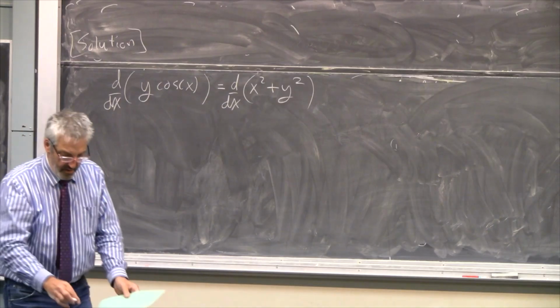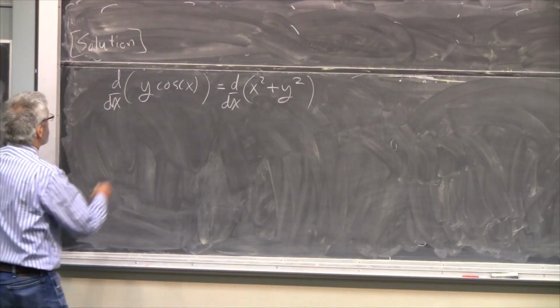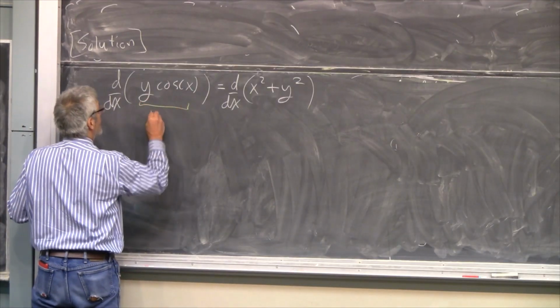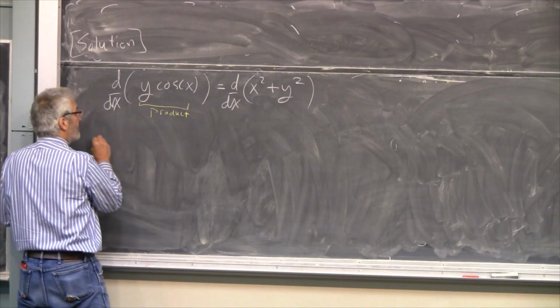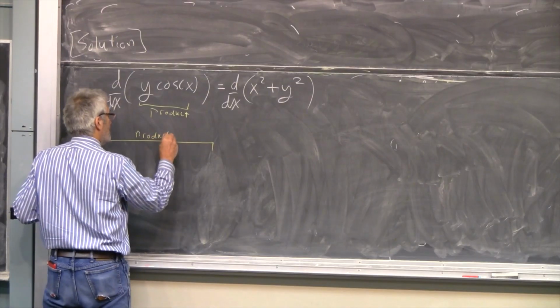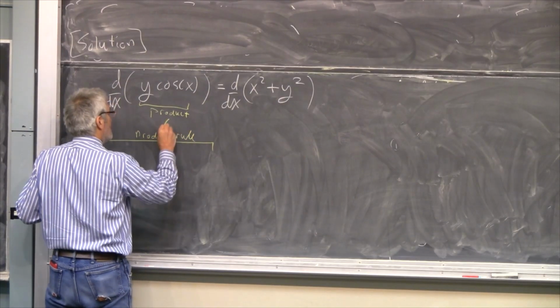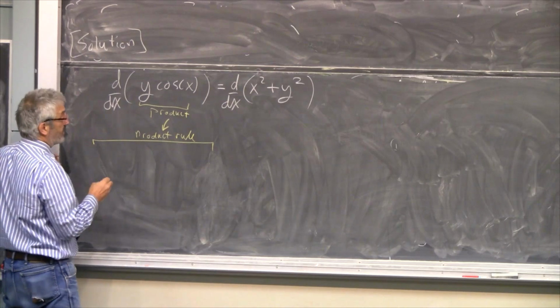Now, all of our derivative rules apply. So this is a product. So I have to use the product rule. I'm just going to write down what the product rule says.